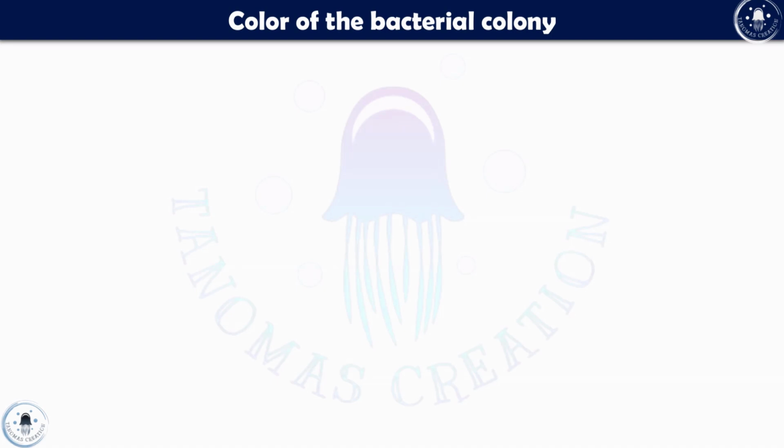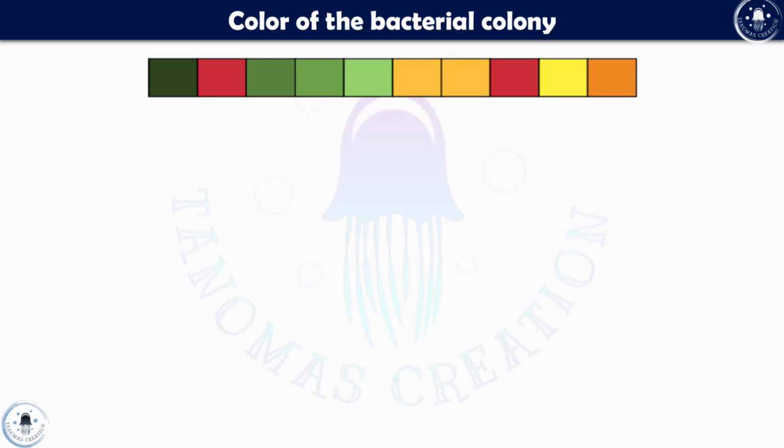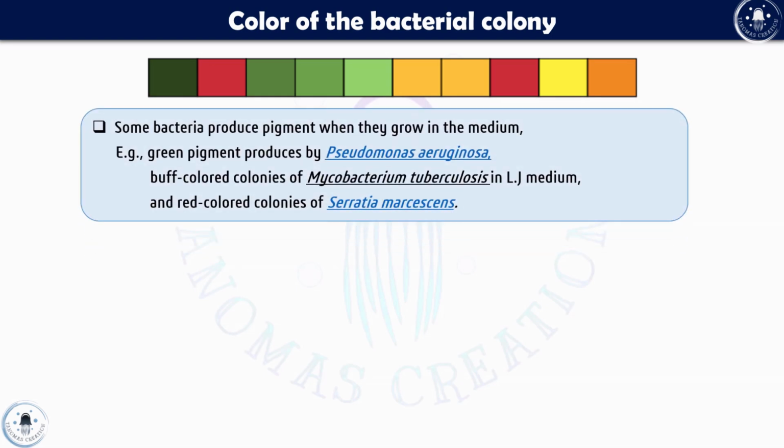Next is our differentiation based on the color. Now this is the color spectrum, and based on different types of pigmentation of the bacterial colony that gives out the color, the microorganisms can also be differentiated. So some bacteria produce pigment when they grow in the medium. For example, the green pigment produced by Pseudomonas aeruginosa.